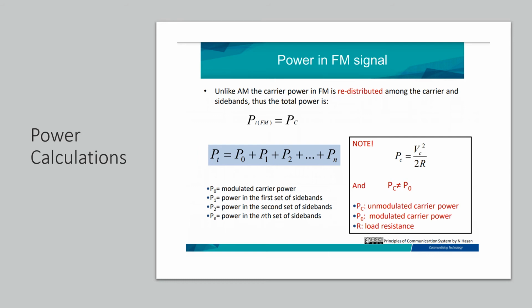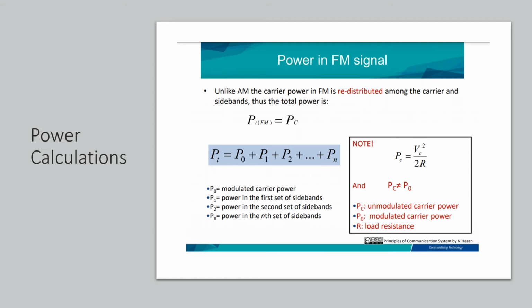We must take note that P sub c is equal to Vc squared over 2R, and P sub c is not equal to P sub 0. P sub c is the unmodulated carrier power, P sub 0 is the modulated carrier power, and R is the load resistance.